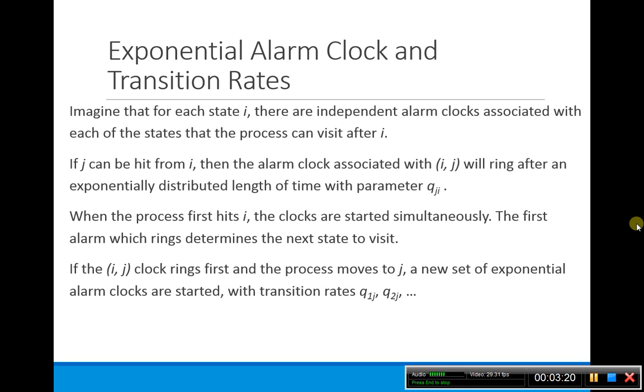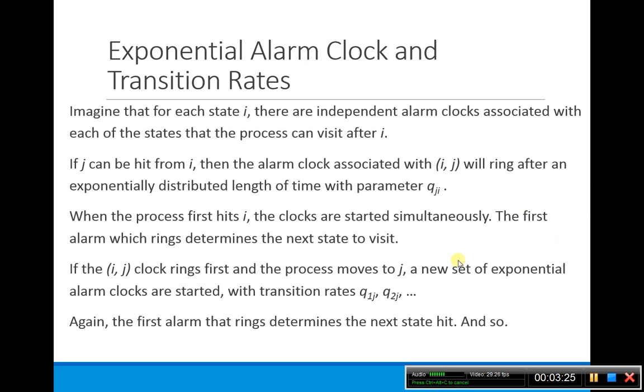So, for example, my 1j alarm clock rings at some exponentially distributed time with parameter q_1j. Whichever alarm clock rings, we move to that state. And these q_ji are called the transition rates for the continuous time process.